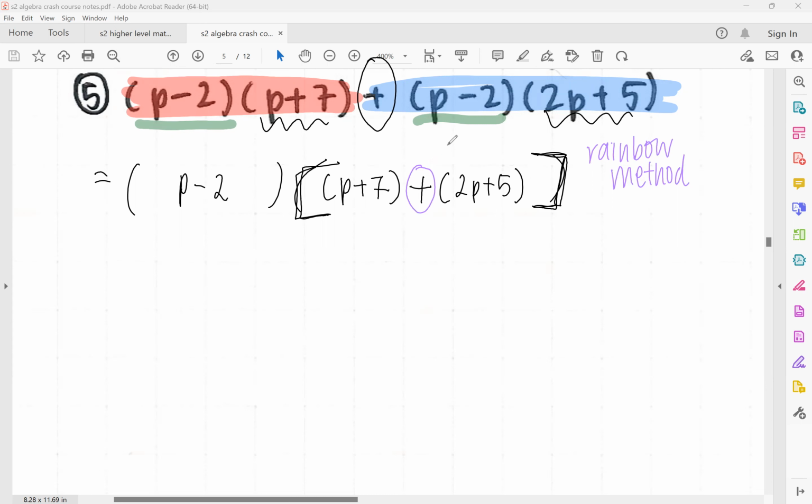Look at your previous notes. If you actually drew the rainbow carefully. Rainbow the plus to 2P, and rainbow the plus to positive 5. Yes, rainbow the plus to 2P and rainbow the plus to 5. And rainbow is called expansion or factorization, Hui Xian? Expansion. Yes.